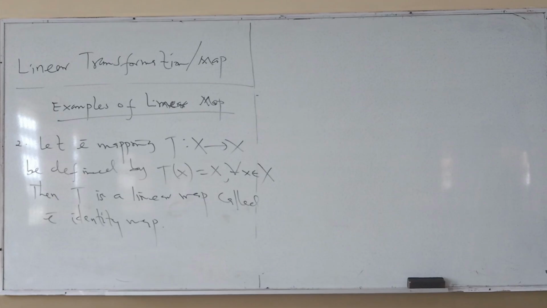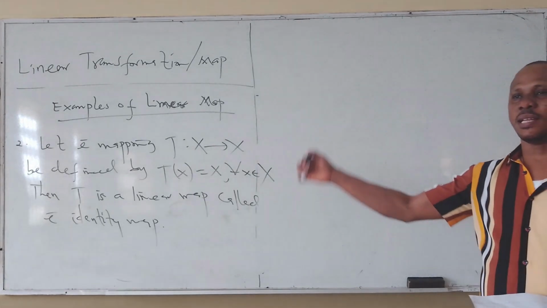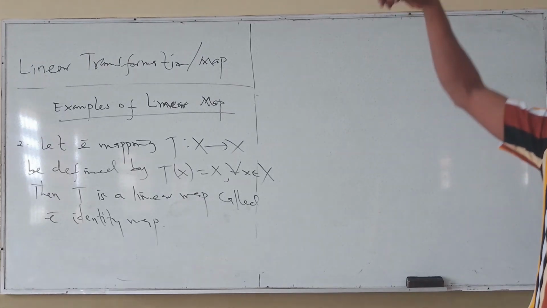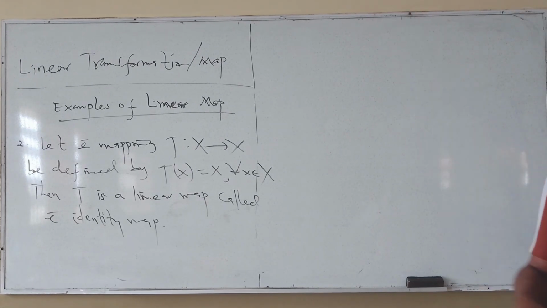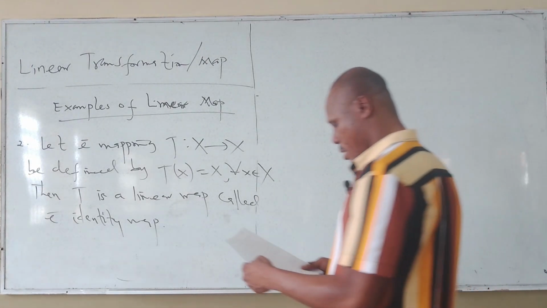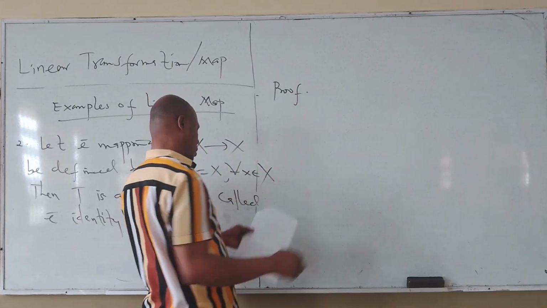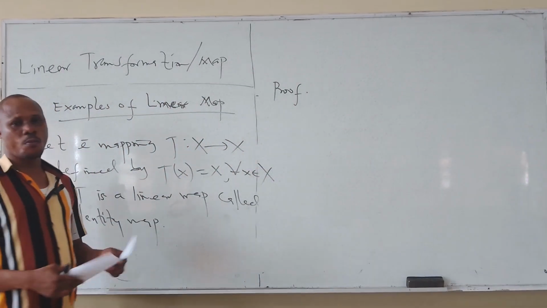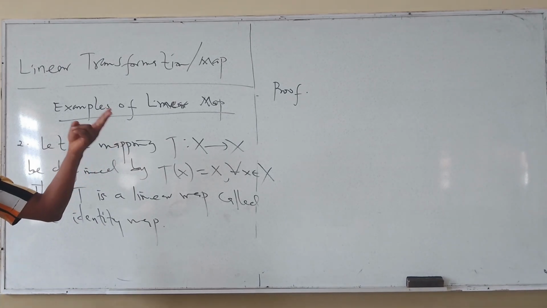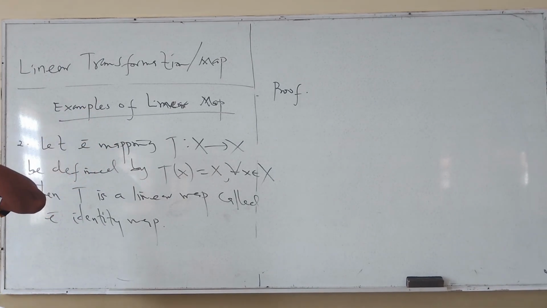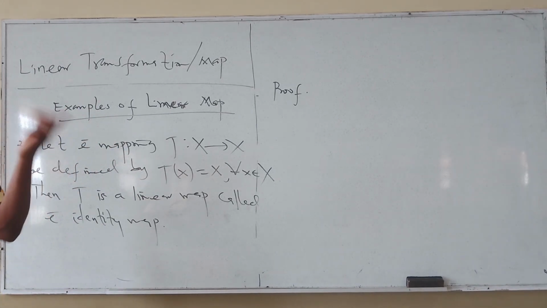It's a linear operator though, but we want to justify that if that linear operator is a linear map, then you have to satisfy the condition of the linear map. Good. So proof. By the conditions, we need what? Two elements from the space, and we need two scalars.